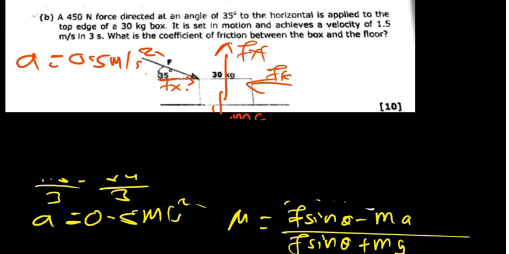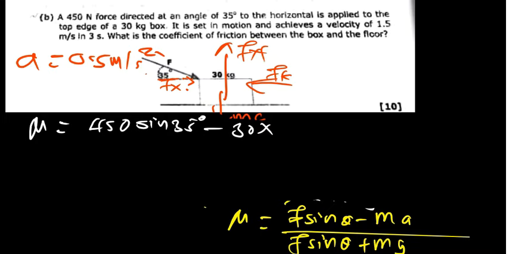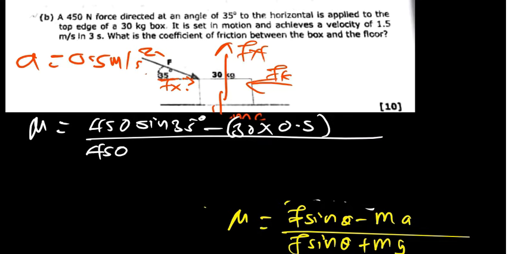Let's now plug in the values in this equation for us to come up with the mu value. So we are saying mu is going to be, the force is 450 sine the angle is 35, minus the mass is 30 times acceleration 0.5. So these I'm going to put them in brackets. I'll divide this with the force is 450 sine 35 plus the mass is 30 times 9.8.